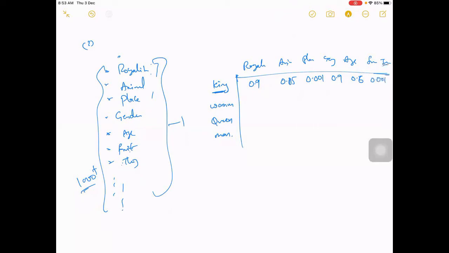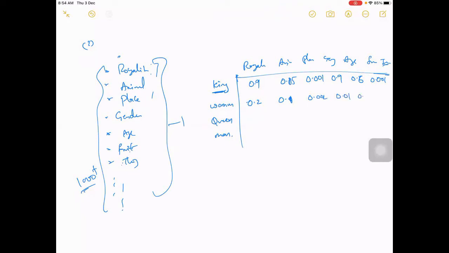Similarly, if you take woman, royalty wise you can't say anything, so let's give 0.2. Animal wise you can't say much, maybe 0.1. Gender wise, it is nearer to 0, so 0.1.